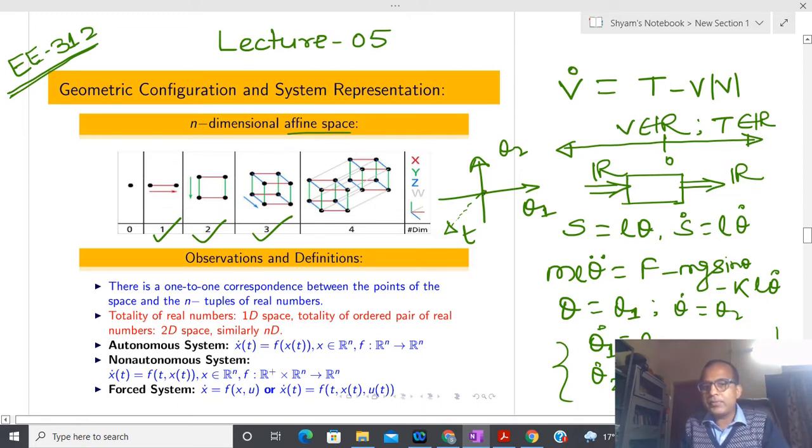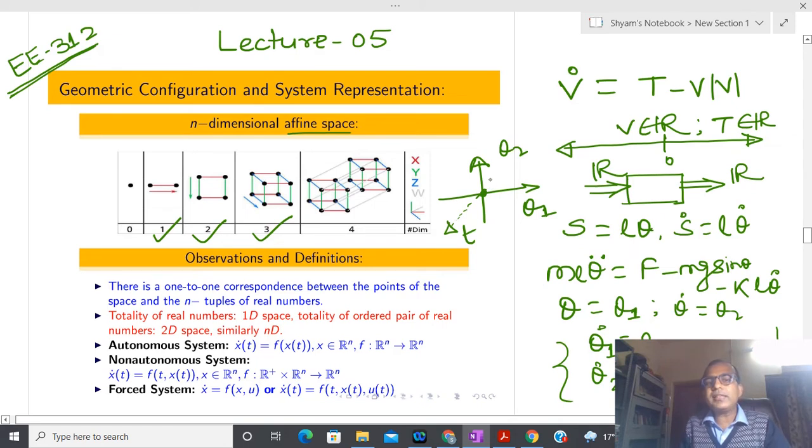Here, in this two-dimensional space, the origin is fixed. I know where my origin is. It might be possible that in some space I have an origin, but I don't know where it is. But their behavior is exactly like this two-dimensional real space or three-dimensional real space.